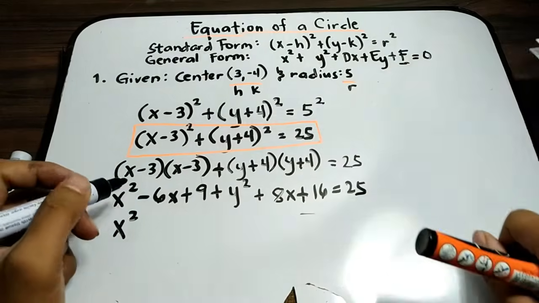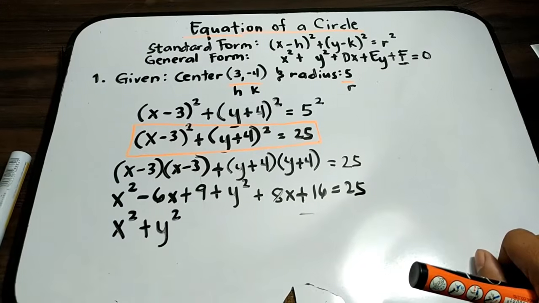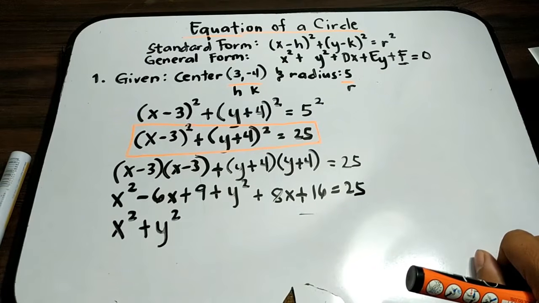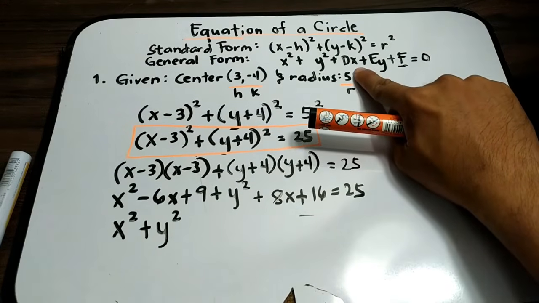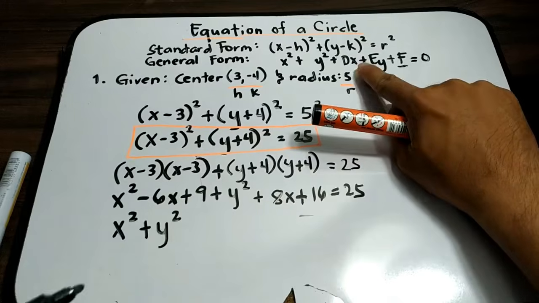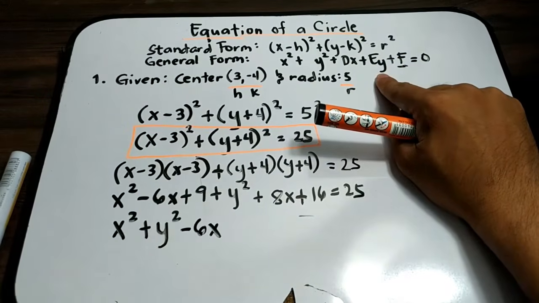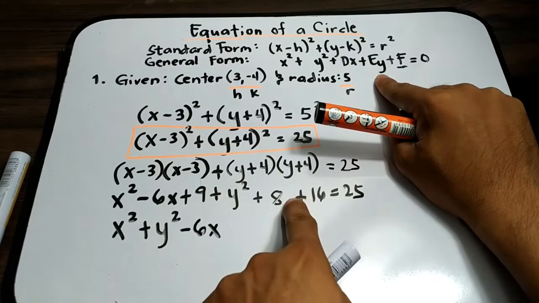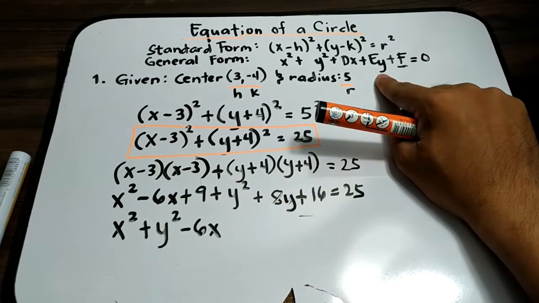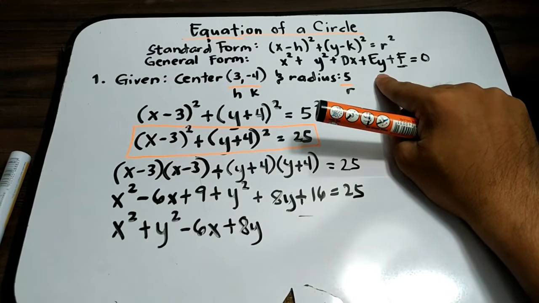Next term should be the y squared. For the third term, it is the term with x, or the linear term. We have here negative 6x. For the next one is the linear term with the y variable. So you have, oh, this should be 8y, sorry, plus 8y.